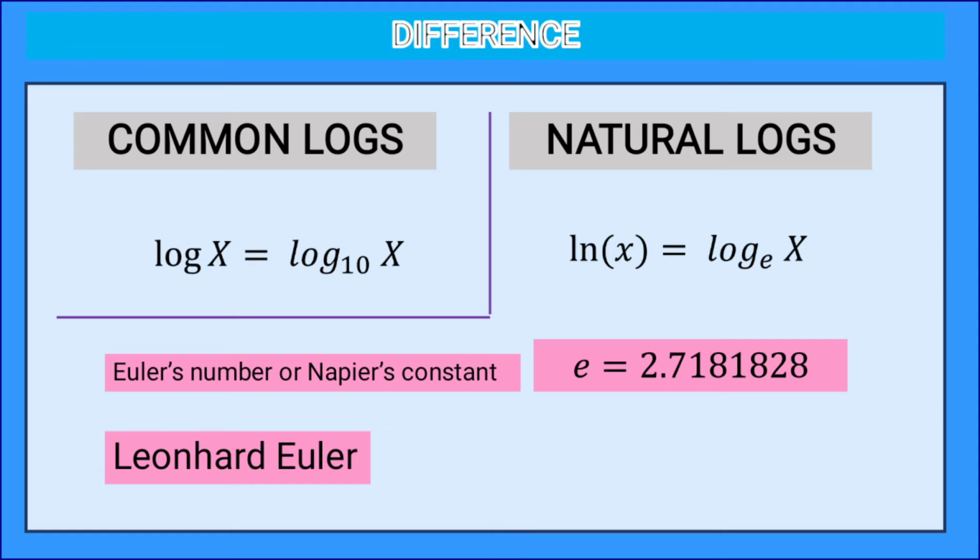I'm sorry, I pronounced it wrong. It should be Euler's number or Napier's constant. The letter e was chosen to honor the mathematician Leonhard Euler. So again, it is not pronounced as Euler; it should be Euler.